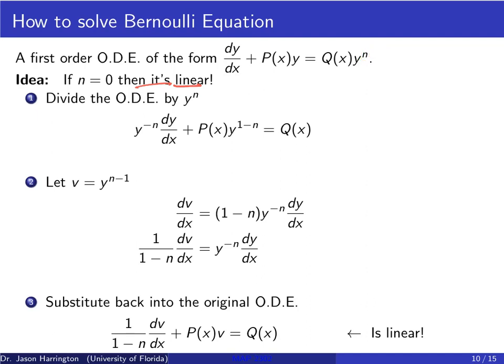Now the first thing I'm going to do is divide each term through by y to the n, and now you get your new equation, which is y to the negative n dy over dx plus p of x times y to the 1 minus n. And you can see that what you really want to do is get rid of this term by substituting that. So then if you let v equal to that, and that's actually a typo there, that should be y to the 1 minus n, because this is the substitution you want to make there.